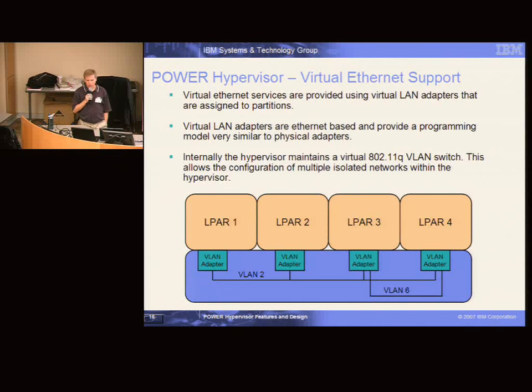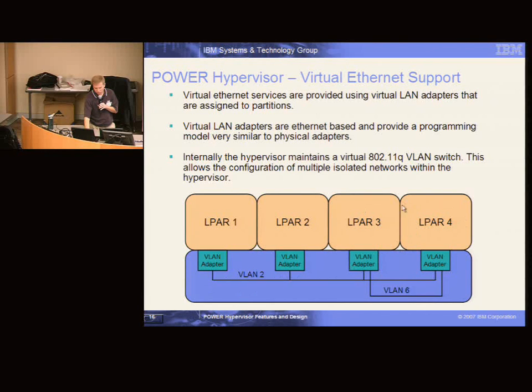Internally, we maintain what's called a virtual 802.1Q compliant VLAN switch. When the customer configures a virtual LAN adapter, if anyone's familiar with configuring VLANs on switches, they can say this virtual LAN adapter is allowed to access these specific VIDs on that port. The picture here shows you've got 4 partitions. They're all on VLAN 2 here.